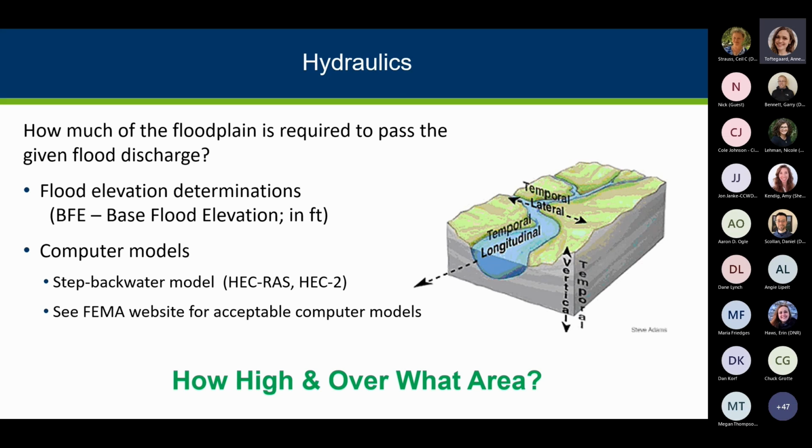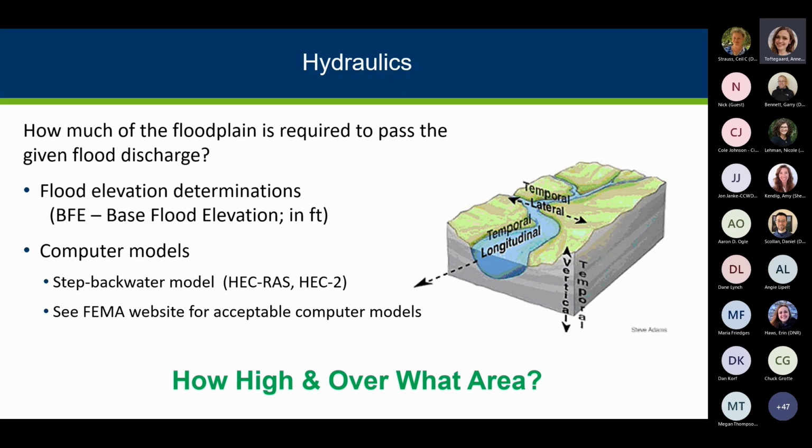In hydraulic studies, we look at the shape of the land, and these models figure out how high and how wide the water will flow in that basin or channel. Some of the parameters that we use in hydraulic studies include the channel slope, the channel shape, restrictions such as bridges or culverts, and the roughness of the landscape.